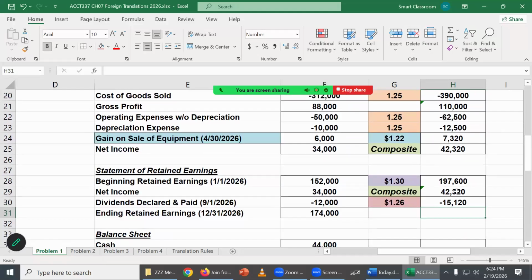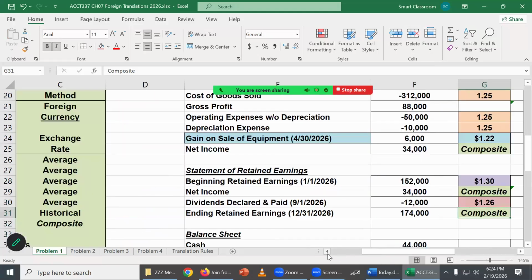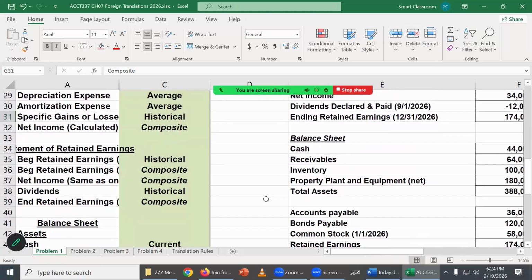Okay. Now, what do we have to do? We have to add all these up. And that's going to be a composite. And if you look over here, it should say that retained earnings is going to be a composite. Now, the first one we had was historical, but after the first go around, it's a composite.